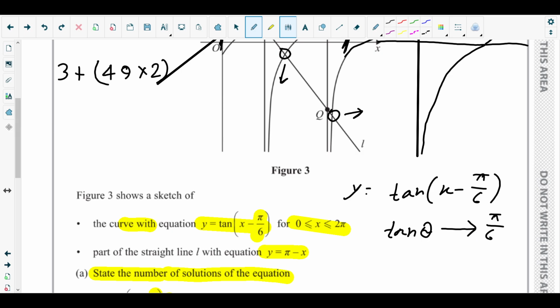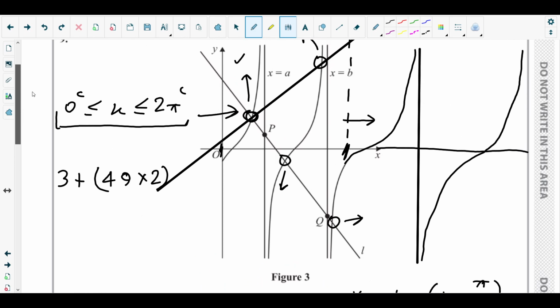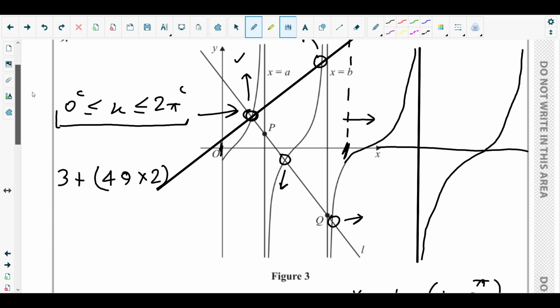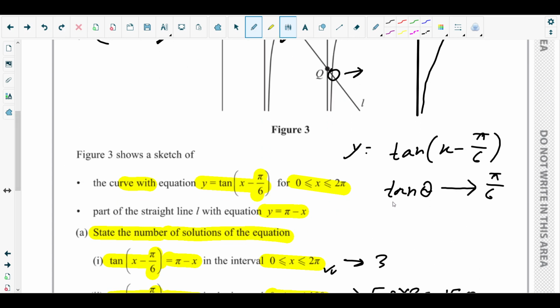Okay, so at first consider, look, x equals a, this is the first vertical asymptote. So in the graph of tan theta, the first vertical asymptote happens at x equals what? Pi over 2 radian, right? 90 degrees, tan 90 degrees is undefined. Okay, pi over 2 radian. So in the graph of tan of x minus pi over 6, it has to be added with what? Pi over 6, since it is moving to the positive x-axis by pi over 6 radian.